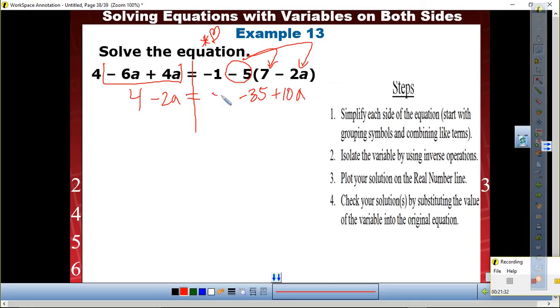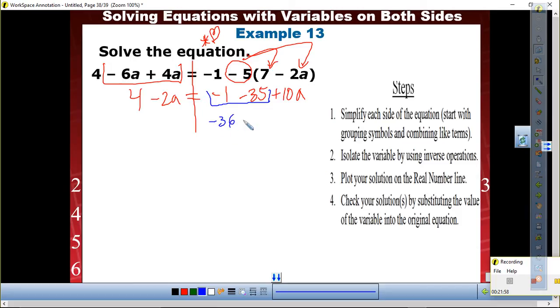Bring down the negative 1. What else do I do, Roberto? Combine negative 1 minus 35, and that is negative 36.